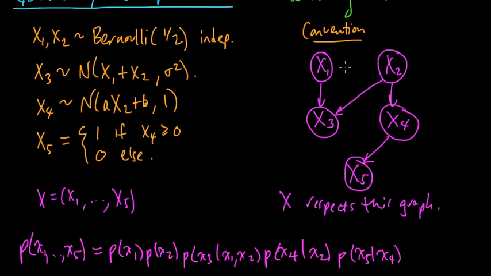and that's a good way to draw samples from a distribution like this: draw samples of x1 and x2, flip a couple coins, and then you take their outcome, add them together, and draw a normal random variable with this mean for x3. Then you would draw a normal random variable for x4, and you would make it conditionally independent.